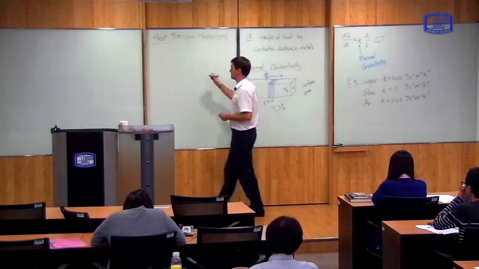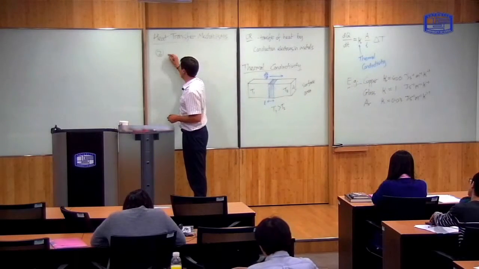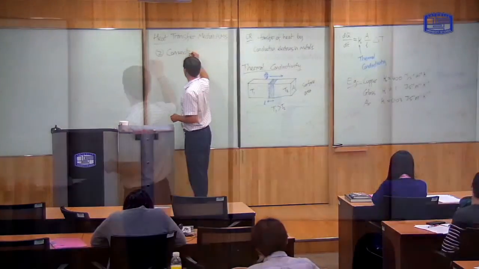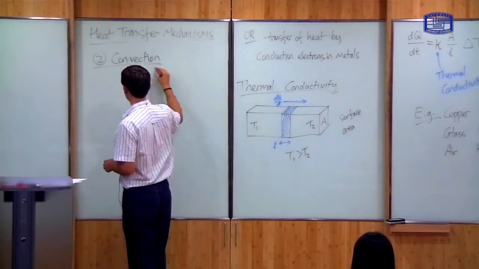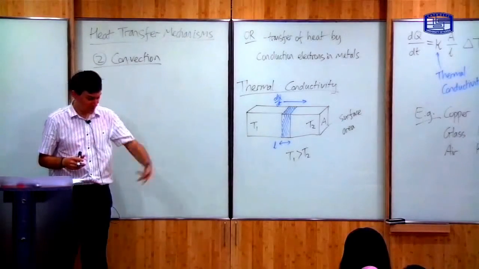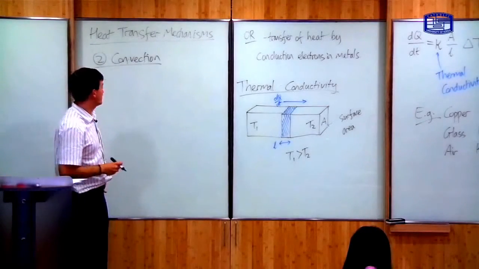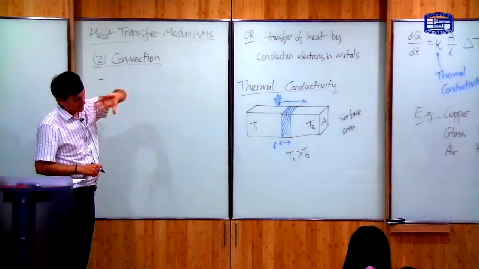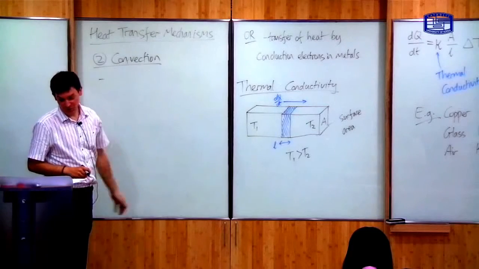So this is the next type of heat transfer, convection. And this is in things which flow. This is heat transfer in things which flow, i.e. liquids or gases. And it is heat transfer through the motion of particles.